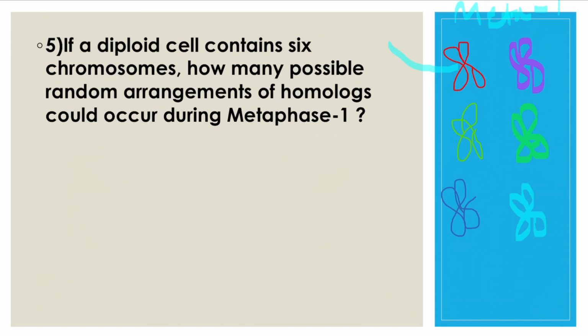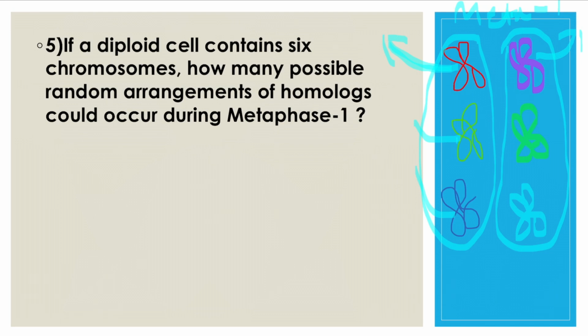This homologous chromosome will go in this direction and its partner in the other direction, which means homologs separate from each other at metaphase 1. So in one combination, these 3 will go in one cell and these 3 will go in the other cell.